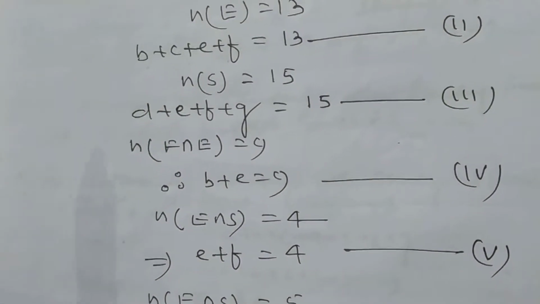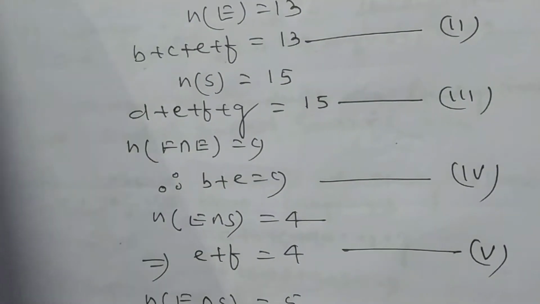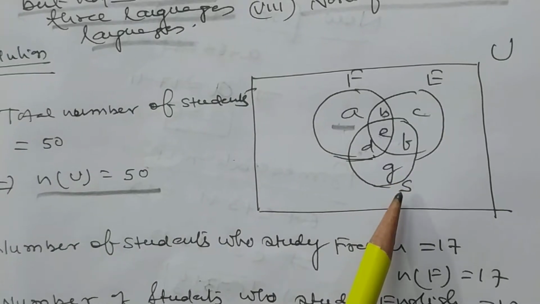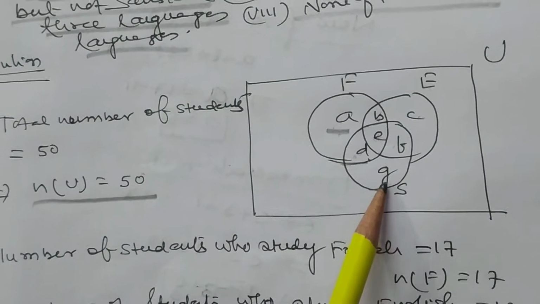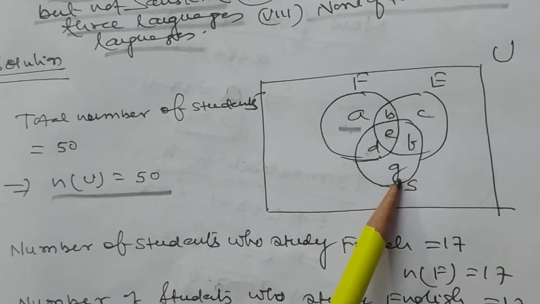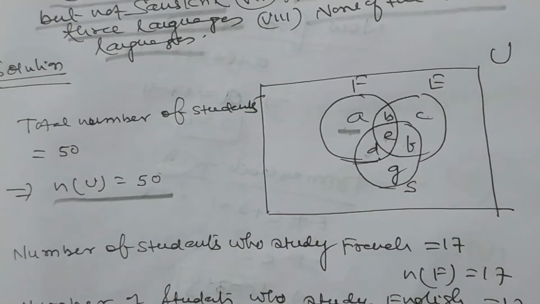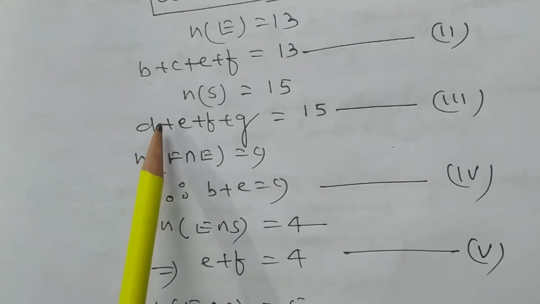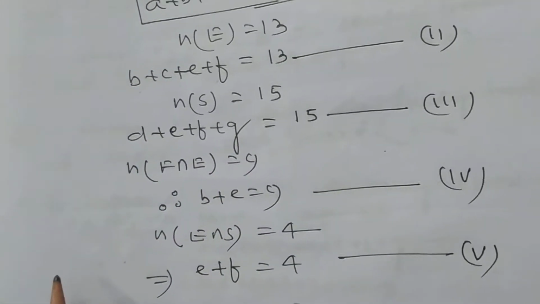The cardinal number of S is equal to 15, Sanskrit. Now S is divided into G plus D plus E plus F, so G plus D plus E plus F is equal to 15.